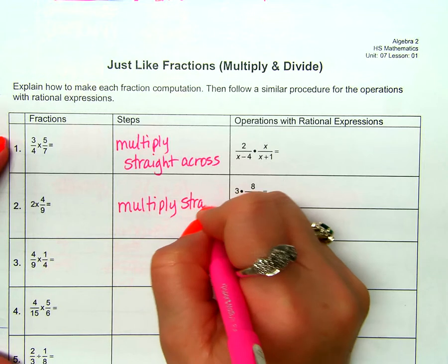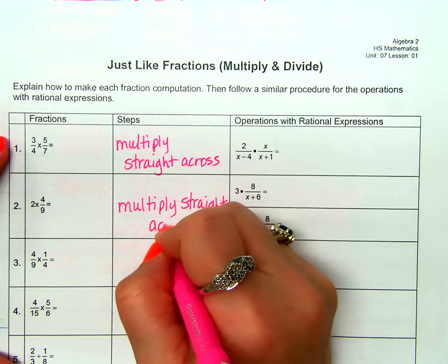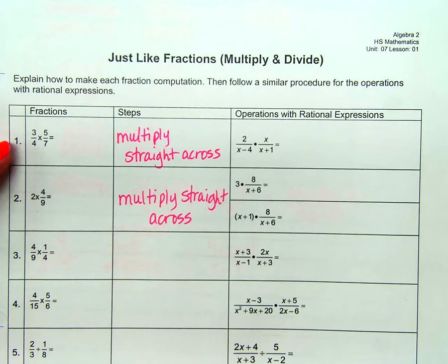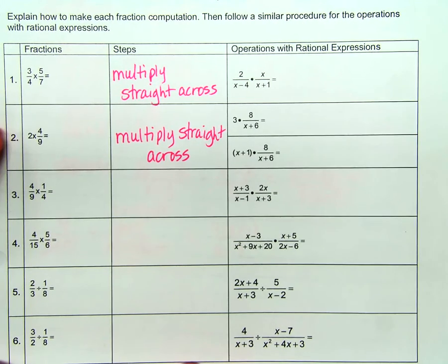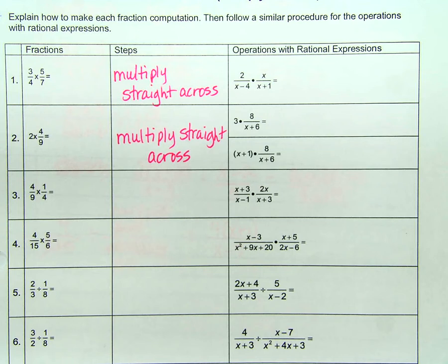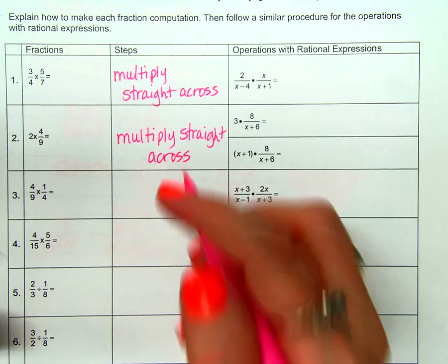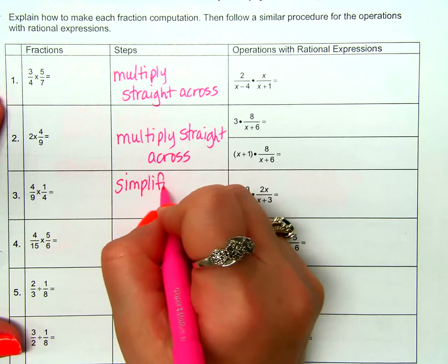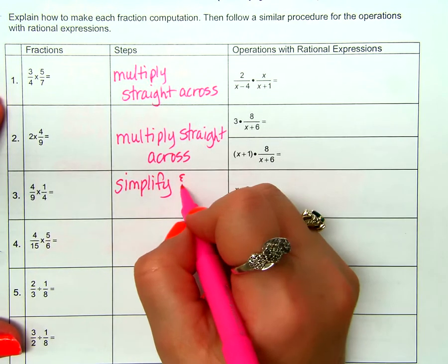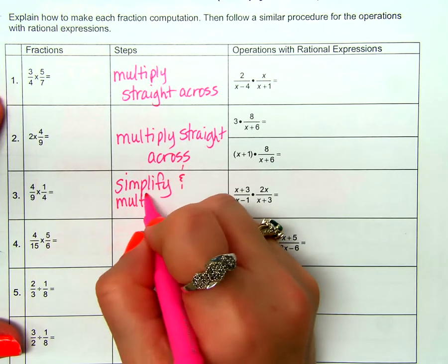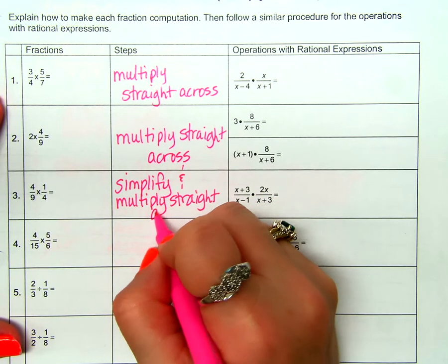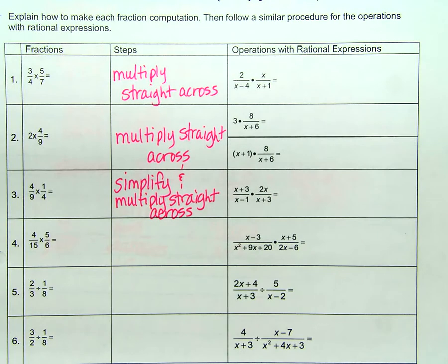Multiply straight across. So what about 3? We had to simplify first, didn't we? But then what? See a pattern developing here? I hope.